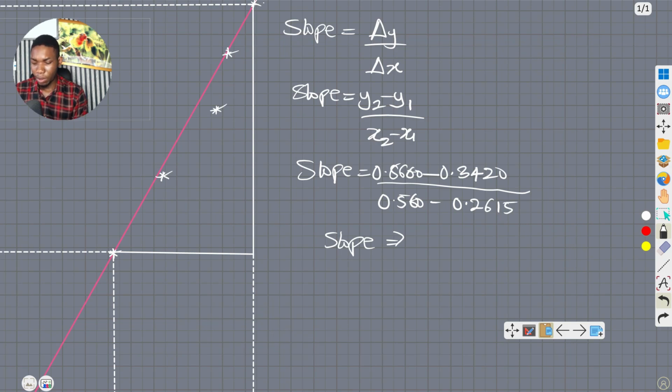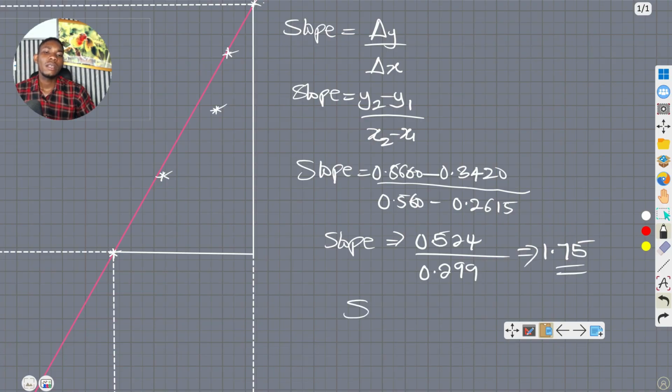What would that give us first? 0.524, divided by 0.560 minus 0.2615, which is 0.2985, approximately 0.299. So 0.524 divided by 0.299 gives us 1.752. 1.75 is okay.